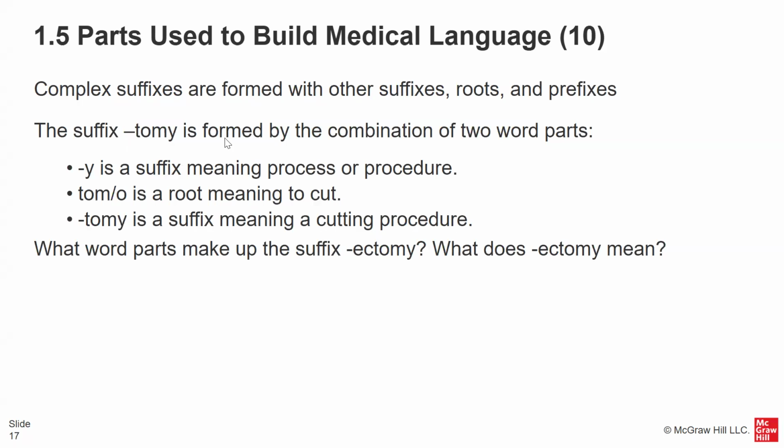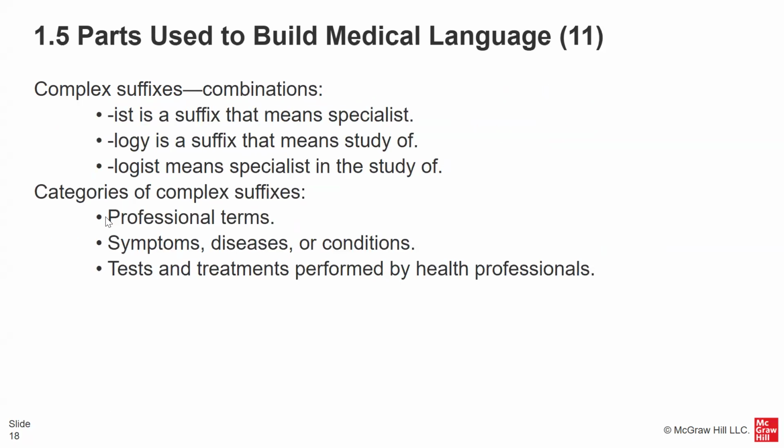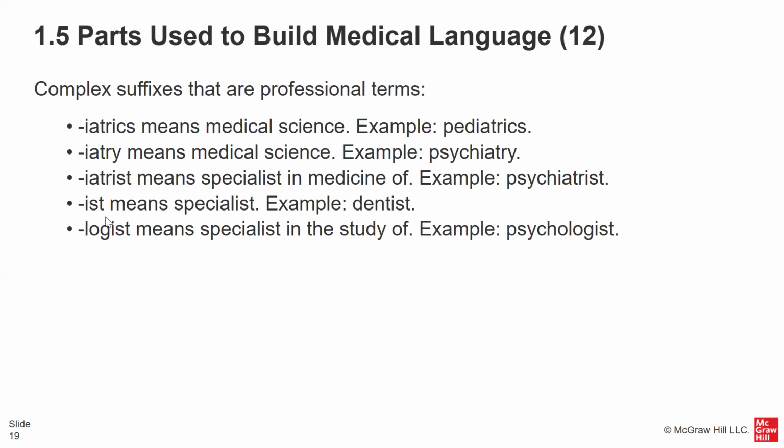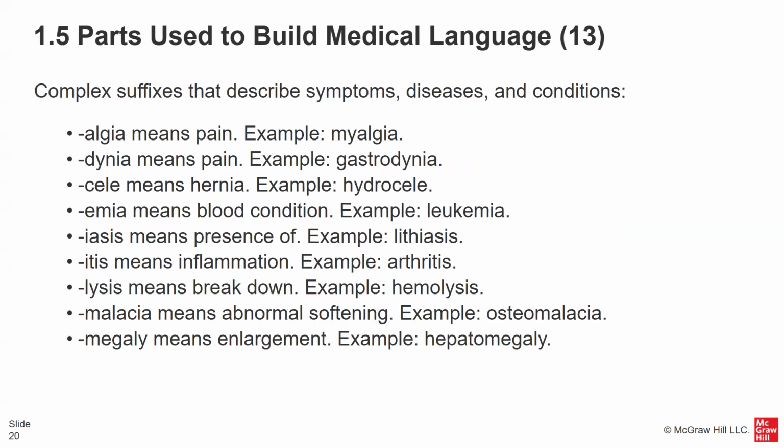Some of the more common ones here are what we are going to do to the body parts, such as ectomy, which means to surgically remove. Tomy means to cut into. Okay. So as you're studying chapter 1, you'll be focusing on word parts and what makes up these medical terms.